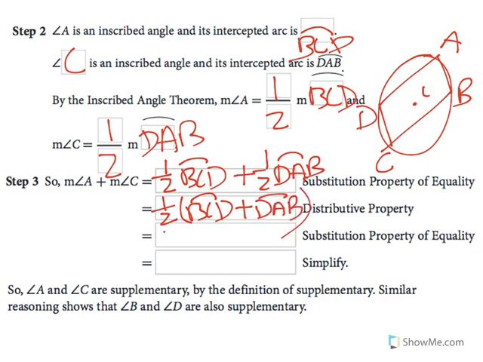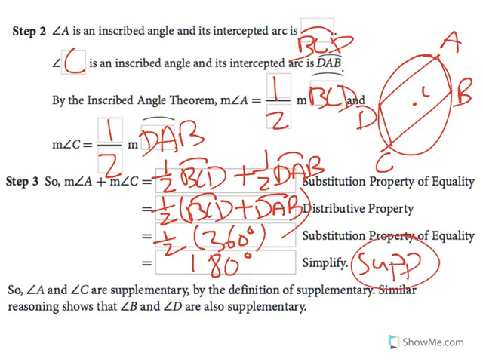From step 1, we see that BCD and BAD is 360 degrees. So half of 360 is 180. And we said 180 is supplementary. So angle A and angle C are supplementary by the definition of supplementary. Similarly, reasoning shows that angle B and angle D are also supplementary.